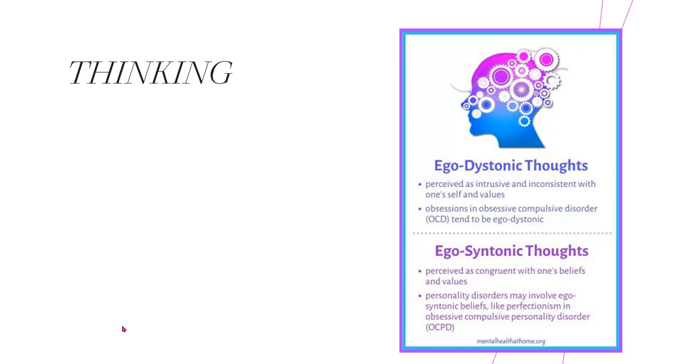We talk about thought process, or their thinking, which is organization, relevance, and flow. Is their thought process linear, goal directed? Is it circumstantial? Is it tangential, where that's a pattern of thinking where someone frequently drifts away from the main topic of discussion, jumping to unrelated ideas, and they never fully return to the original point?